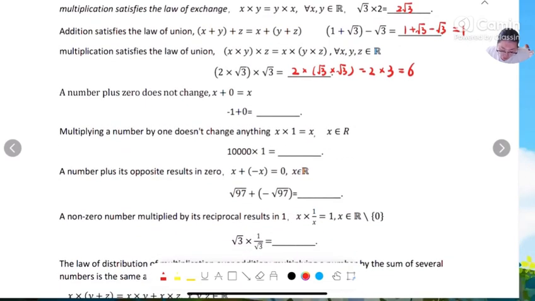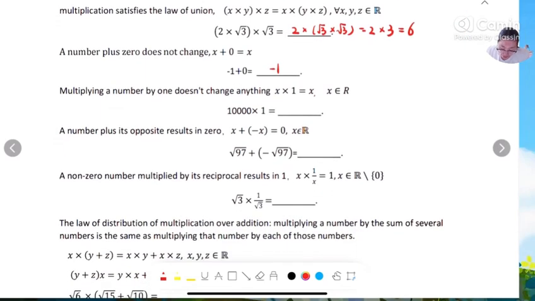A number plus 0 does not change, so -1 plus 0 is equal to -1. Multiplying a number by 1 doesn't change anything, so 10,000 times 1 is equal to 10,000.